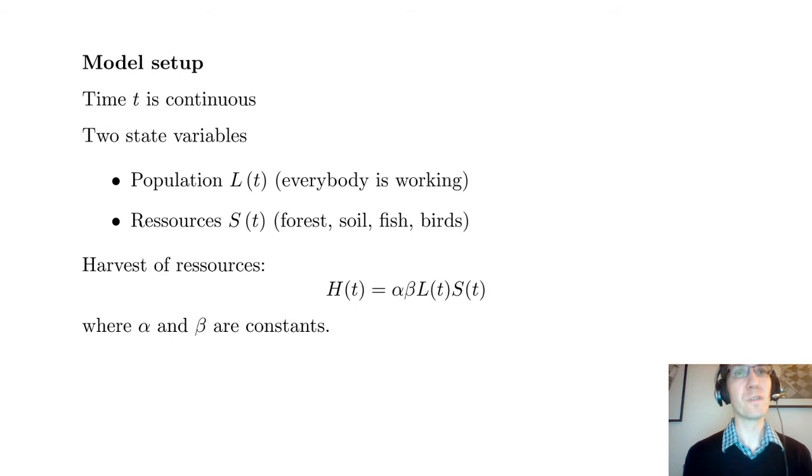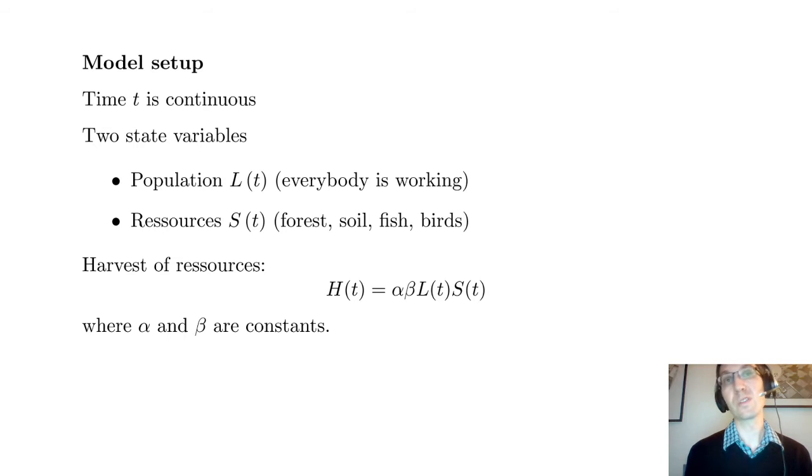Contrary to the fish economy where we had only one stock, so one state variable which was S, the stock of fish, here S is all resources that are available to islanders: forest, soil, fish and birds, and of course all these resources can be affected by how much islanders exploit them. But we have a second state variable, which is the population, here L_T.